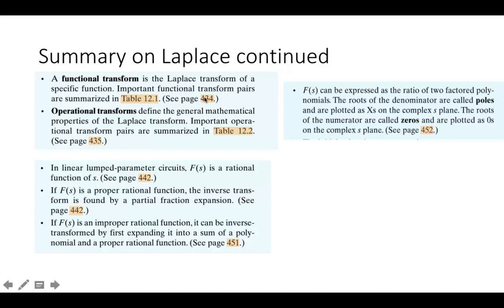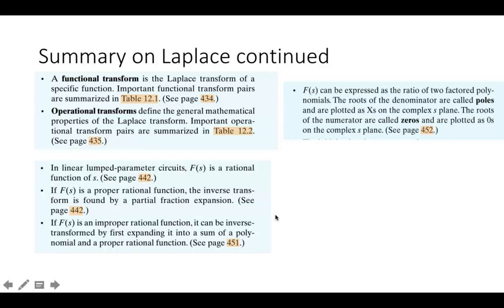In lumped parameter circuits, F of s is a rational function of s, and you can find that definition in your textbook on page 442. If it is a rational function, in other words, if it's a polynomial in s in the numerator and denominator, with the order of the numerator being lower than the denominator, then you can find its solution. You can basically take an inverse transform by doing a partial fraction expansion.